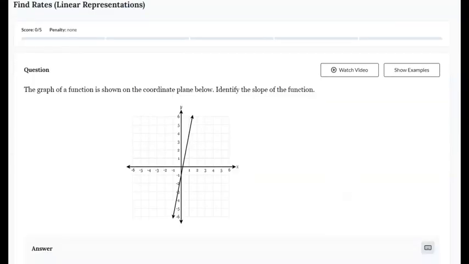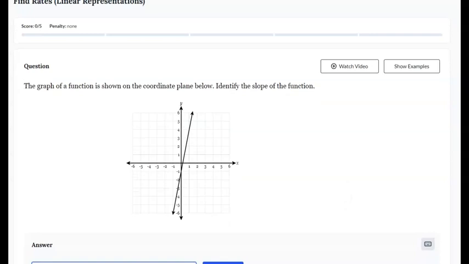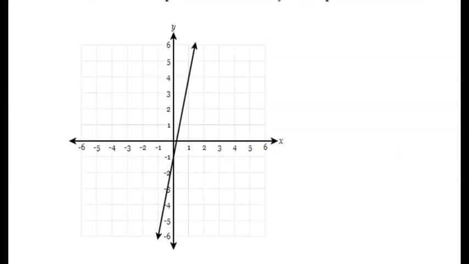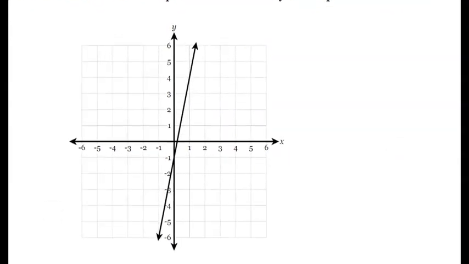So a rate on a graph is either a rise over a run, or in a table, a delta y over a delta x, or with points, it's y2 minus y1 over x2 minus x1. So let me zoom in here so we can find two perfect corner points. And from there, we can count the rise and the run.